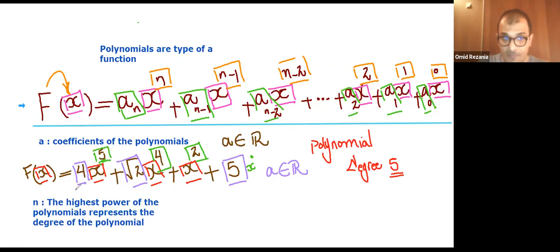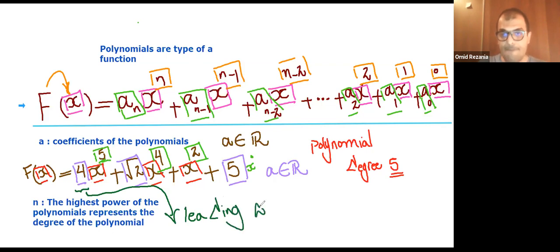Then we take 4 and we call it the leading coefficient. We call the coefficient of the highest power the leading coefficient. You will see in just a couple of seconds, when we talk about the plotting of these polynomials, these leading coefficients play a significant role.